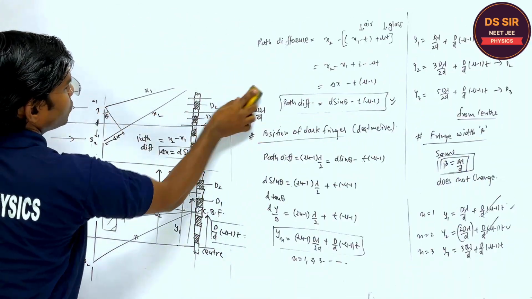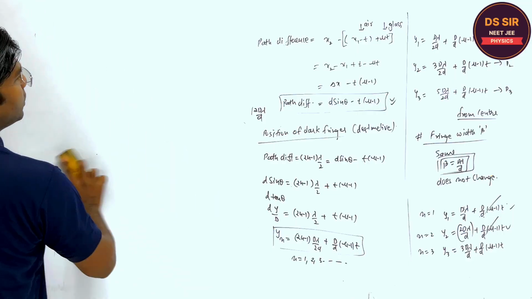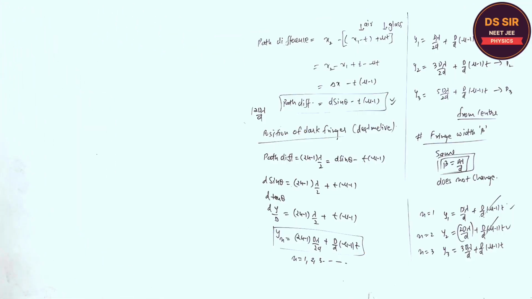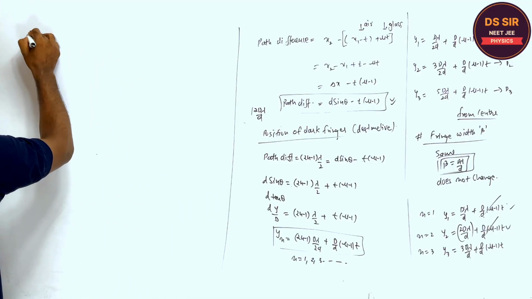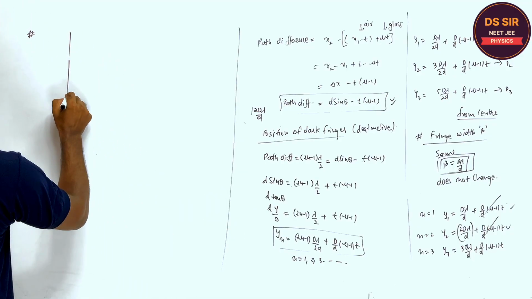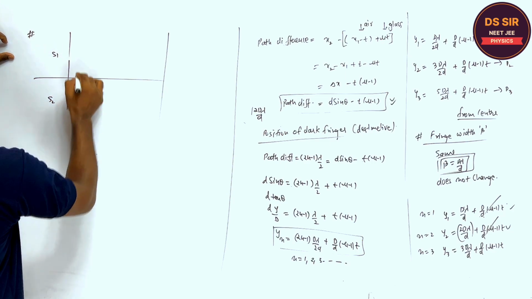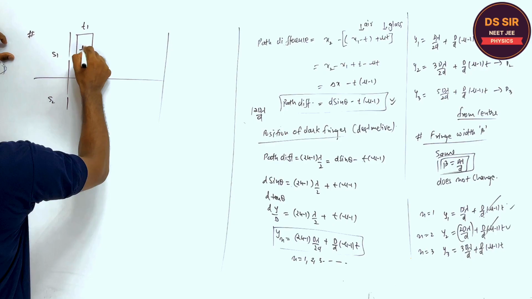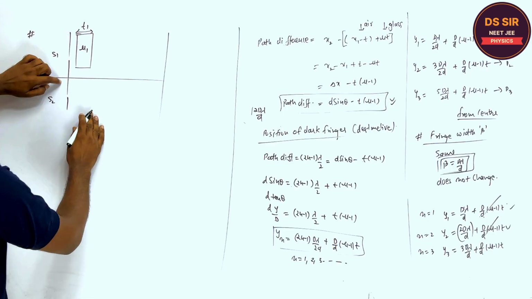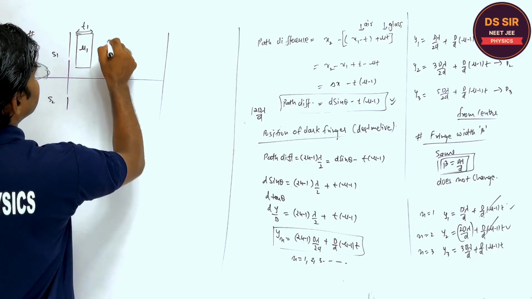Yes. So this is the concept of inserting the glass slab in front of the slit. For example, now if we have the two slits S1 and S2, right? This is a glass slab of thickness t1, mu1. Because of this, the fringe pattern is shifted in the upward direction.